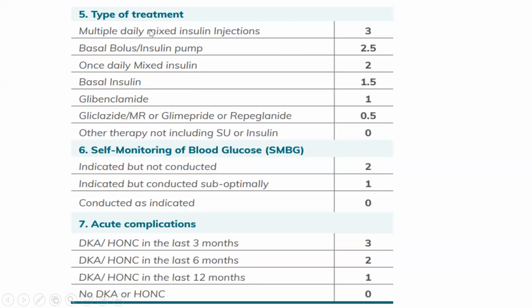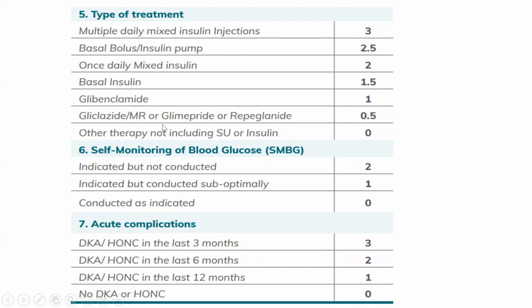Now, type of treatment. If the patient is on multiple daily mixed insulin injections, the risk score is 3. Basal bolus insulin or insulin pump, 2.5. Once daily mixed insulin only, 2. Basal insulin alone, 1.5. Glibenclamide, which is a sulfonylurea, 1.5.